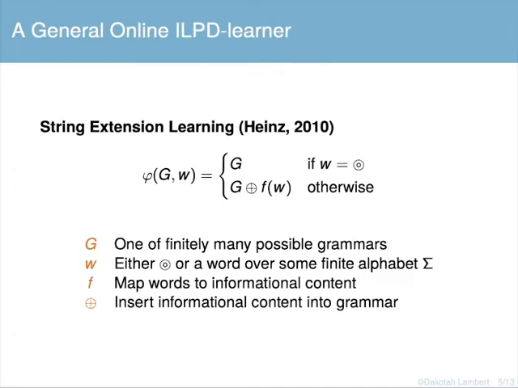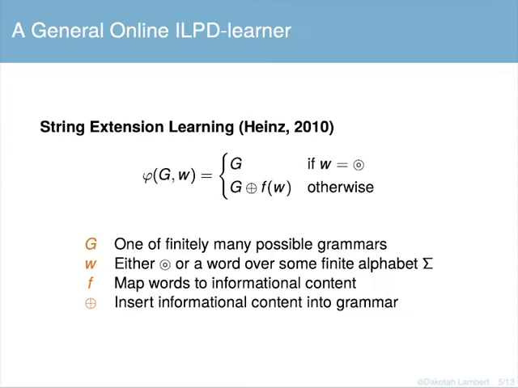A general online learner for the In the Limit from Positive Data framework is Jeff Heinz's string extension learners from 2010. Here we define a function phi of a grammar G and a word W. Now here W could be either a word over some finite alphabet sigma or a special symbol.